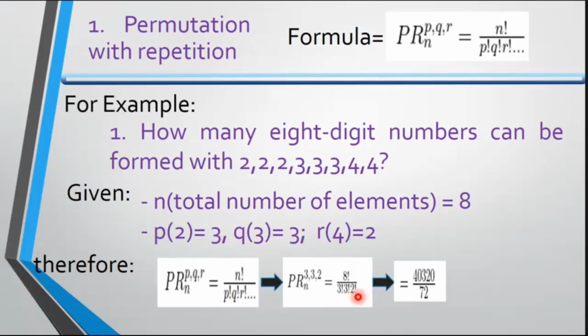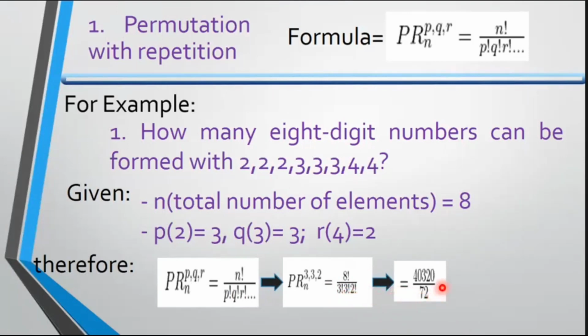And the factorial of 2 is 2 times 1. So 6 times 6 equals 36, times 2 is equal to 72.